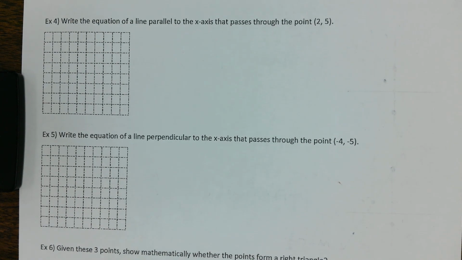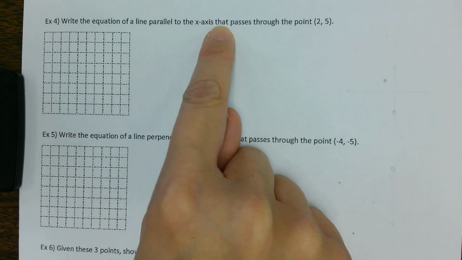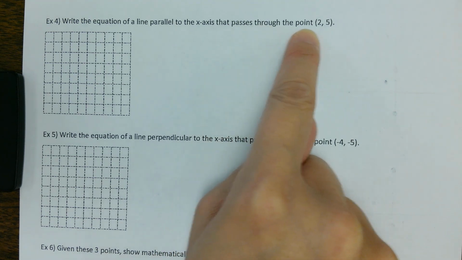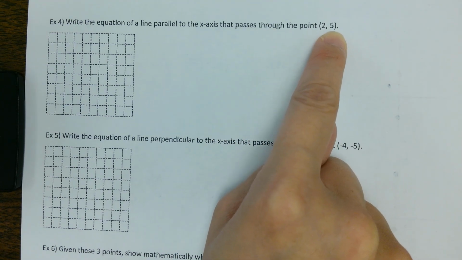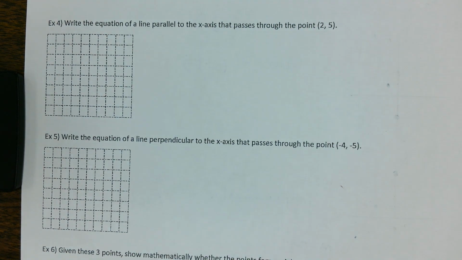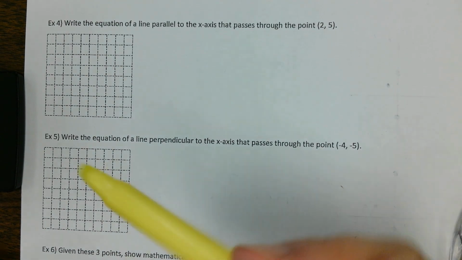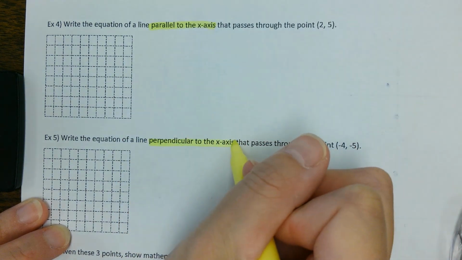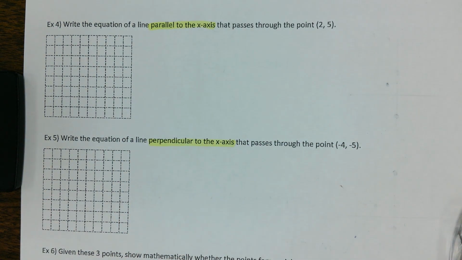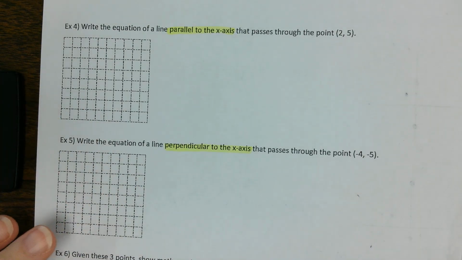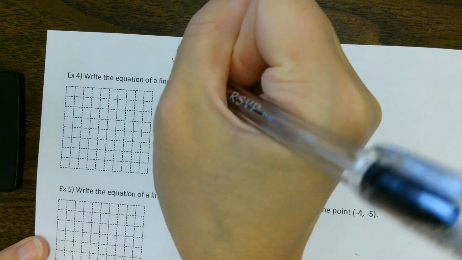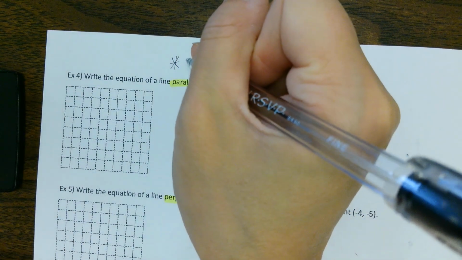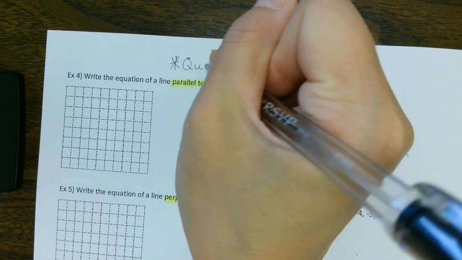Okay. Write the equation of a line that is parallel to the x-axis and passes through the point. Whenever you see questions like this, parallel to the x-axis, perpendicular to the y-axis, any parallel or perpendicular to the x and y-axis, the easiest way to do these is to do a quick sketch.